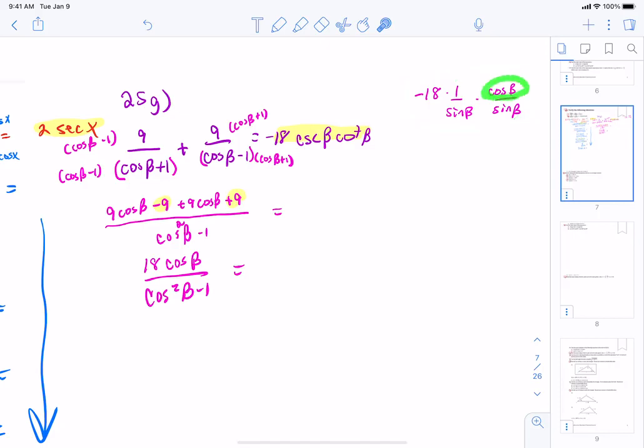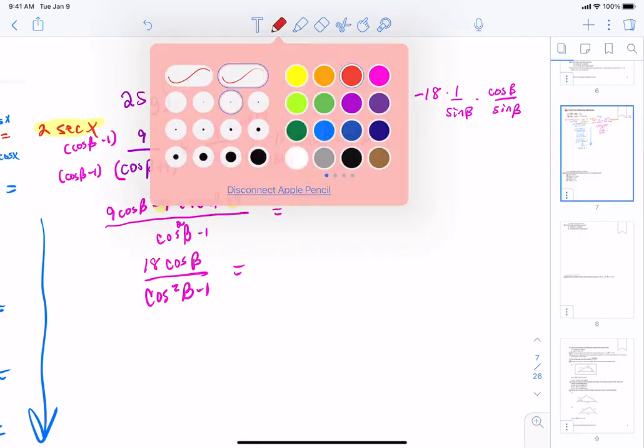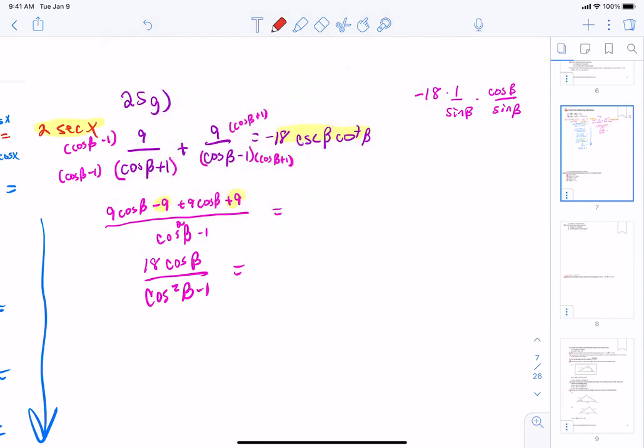We found a cosine on the top. Close. How could we turn the bottom into sines? If we have a cosine squared minus 1, how could we turn that into sines? How do we know the sine and the cosine are related? What do you think? How is a sine and a cosine related?